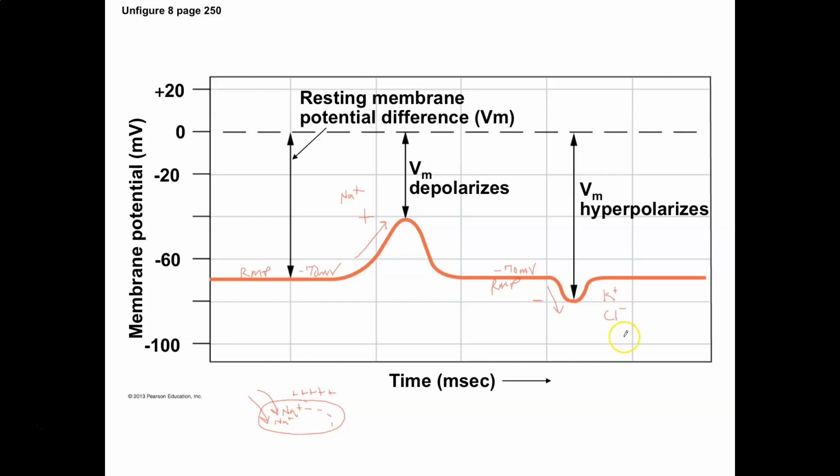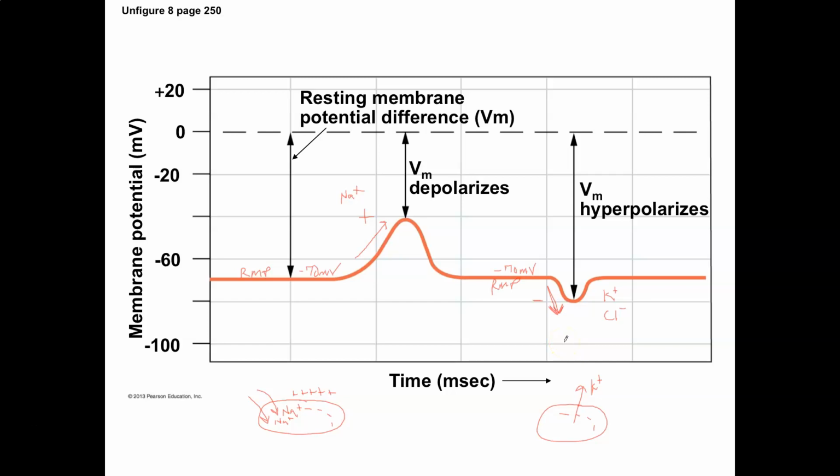The way that would work, if you have a cell, and again the inside is negative, is if we open up channels that allow potassium to leave the cell, we are losing positive charge from the cell, and so that's going to make the cell more negative. And if we become more negative, it's a hyperpolarizing event.